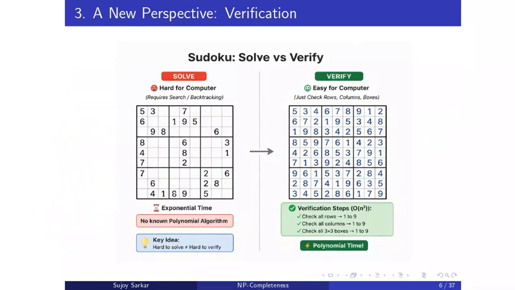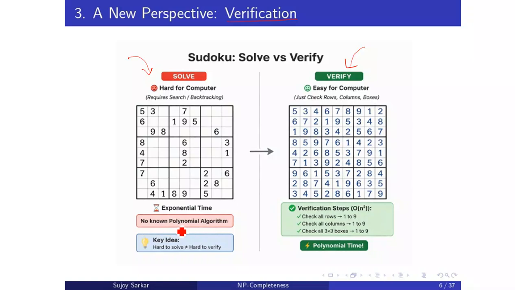Before going to the discussion of how to prove a problem is hard, we need to discuss certain concepts. The first concept is verification. There can be two versions of a problem. Suppose this Sudoku problem, where we are trying to solve the problem, meaning we are trying to come up with the solution.